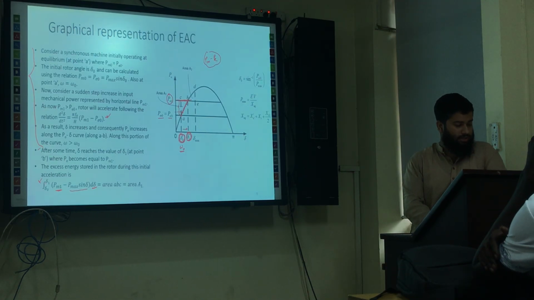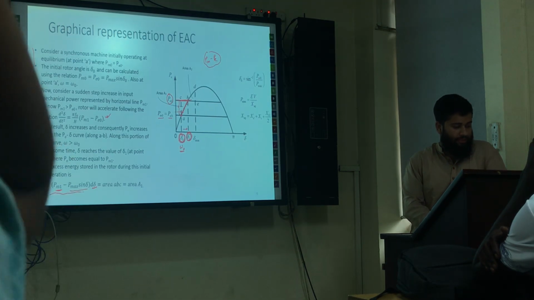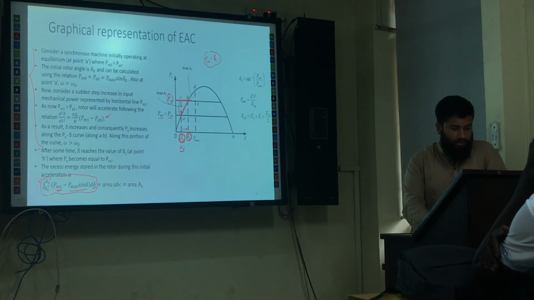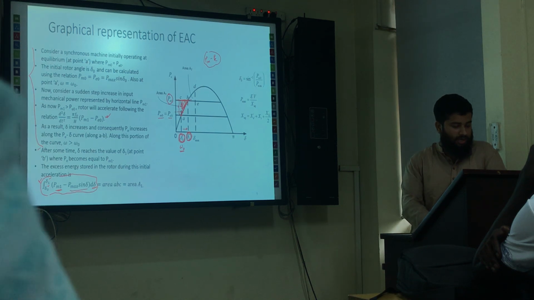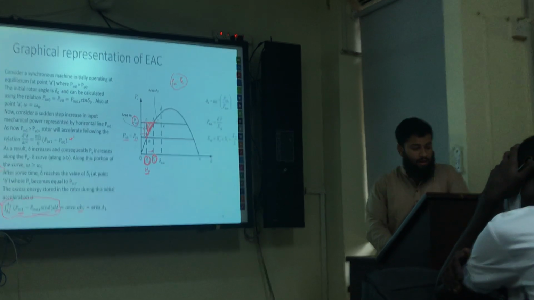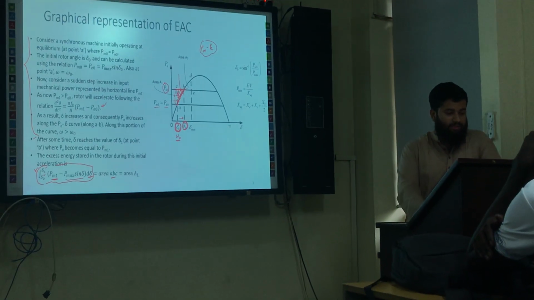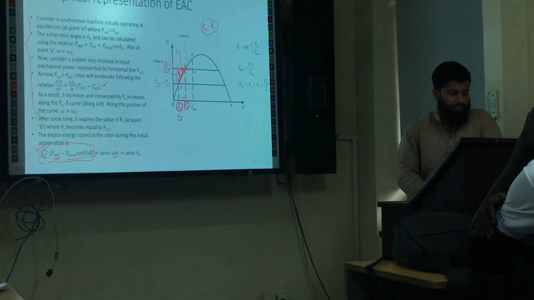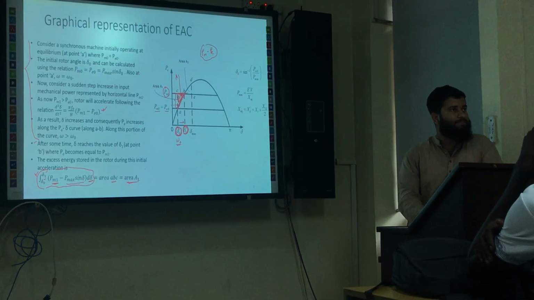This is your complete integration, and this will give you this area, the area under PM1 and this P between delta naught and delta 1. That is the area ABC, and this area can be treated as area A1. Okay. Have you got the idea?